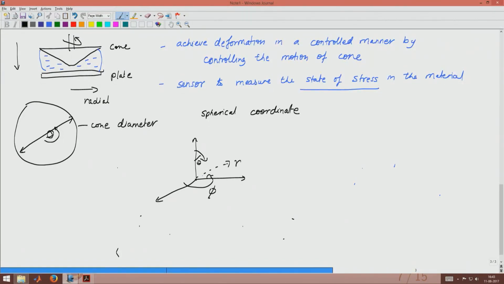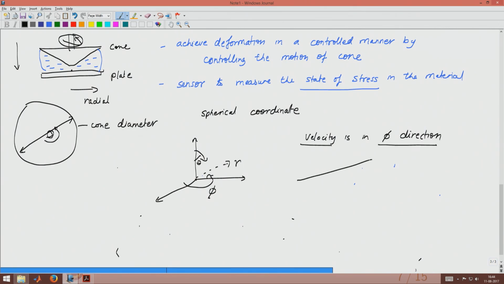We can take this point as the center of our coordinate system. What we have in this case is therefore velocity in the phi direction, because this cone is rotating, and the rotation direction is in the plane. So, velocity is in the phi direction.